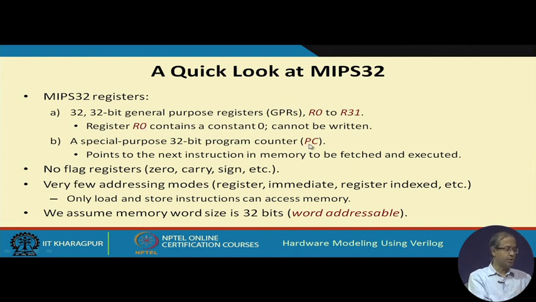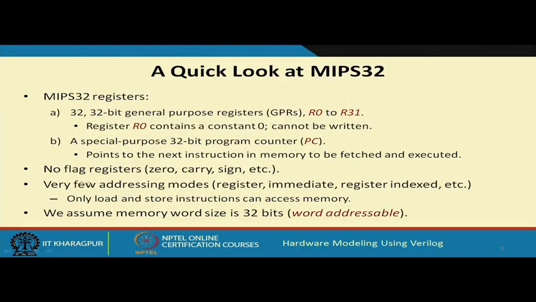There is a program counter which is also a 32-bit register, and a program counter, you may know, is a register which always points to the next instruction in memory which is to be fetched. So, when an instruction is being executed, we have to fetch the instruction from memory, decode the instruction, see what kind of instruction it is, and then follow through the steps of execution.